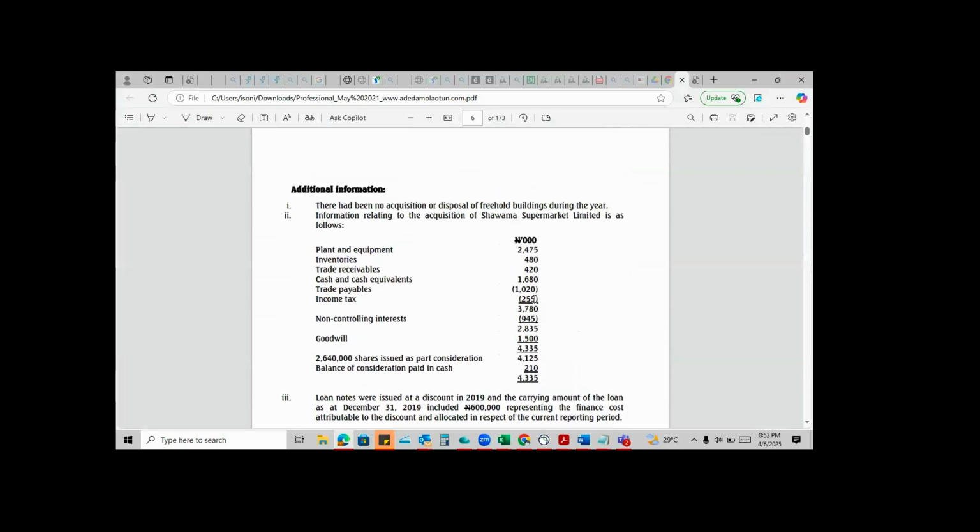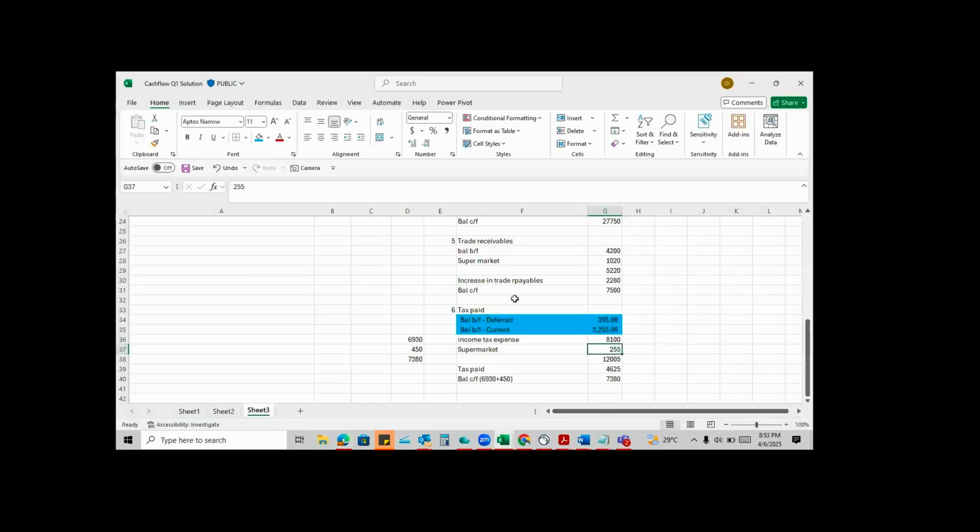They have their own income tax, 255. All right. And then this is the balance we should have. But instead, this is the balance we have. Now, this reduction from this balance to this must have come from the fact that we paid tax. So that's that work back. Is it clear now?